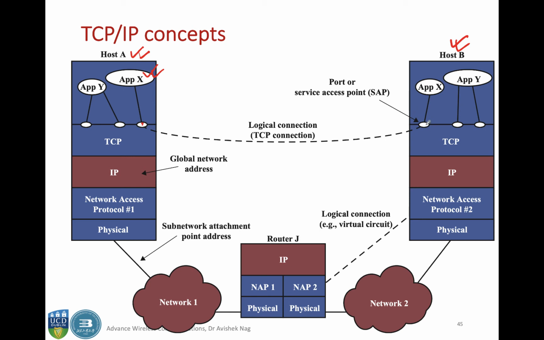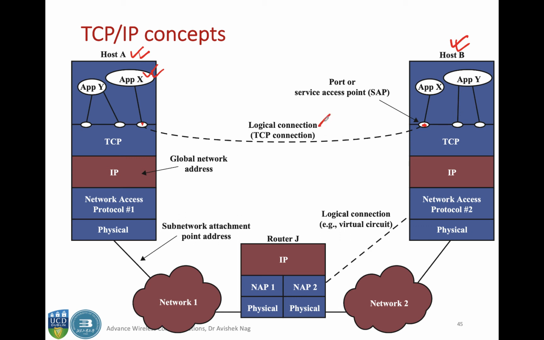The TCP layer has different ports or service access points. These apps talk to the TCP layer through these ports, and these ports form a logical TCP connection between the two hosts.